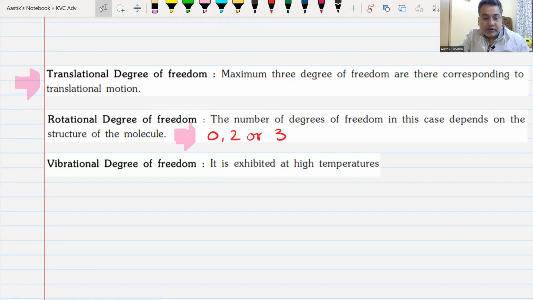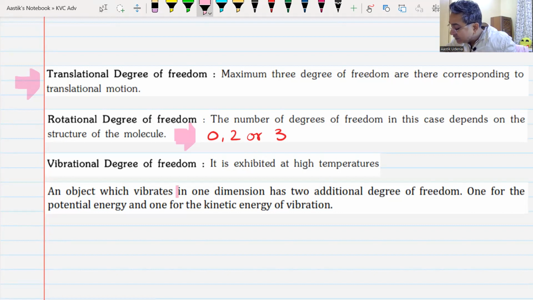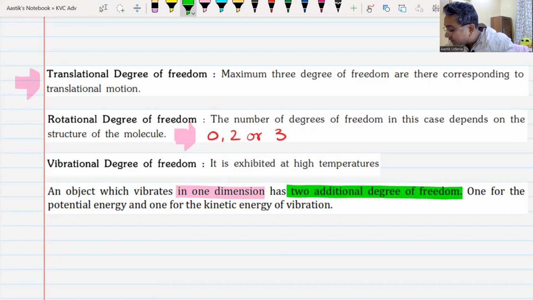If an object, a gas particle or a gas molecule vibrates in one dimension, then it will have two additional degrees of freedom, one for vibrational potential energy and one for vibrational kinetic energy. So if it vibrates in one dimension, it will have two additional degrees of freedom. You'll have to remember this. Do we understand this? Yes, sir. I'll give you 1 minute to note it down.